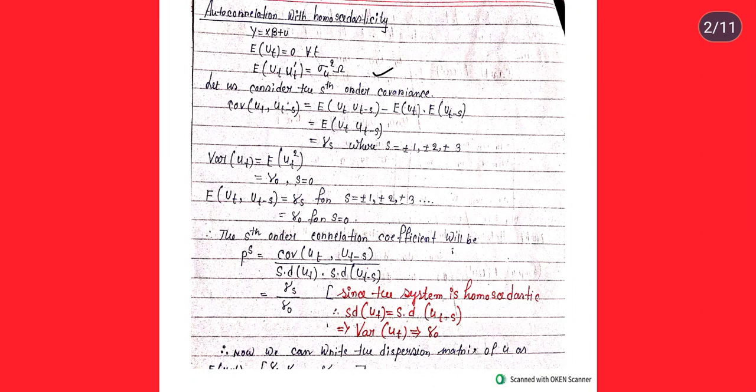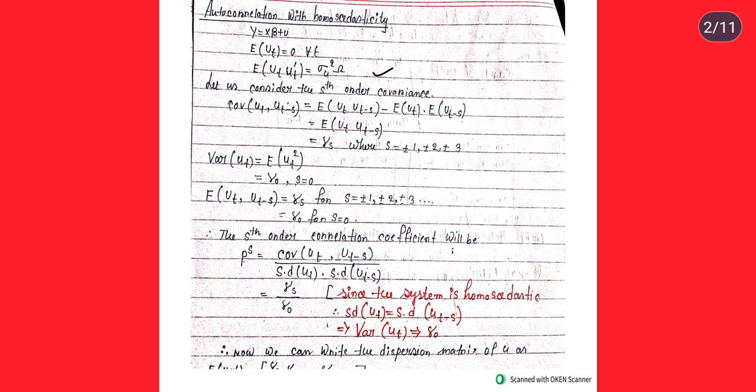Thus, the sth order correlation coefficient will be rho subscript s. Rho s is equal to covariance of ut comma ut minus s, divided by standard deviation of ut and standard deviation of ut minus s. So covariance of ut comma ut minus s is equal to gamma s.